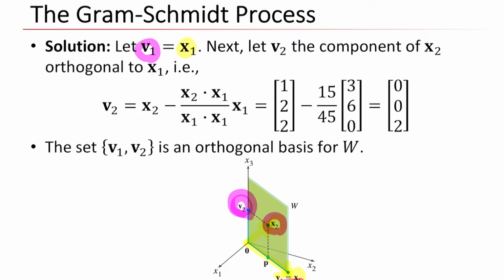So we have to find v2, which is the component of x2 orthogonal to x1 or v1, right? So yeah, let's find that. So how can we do that?